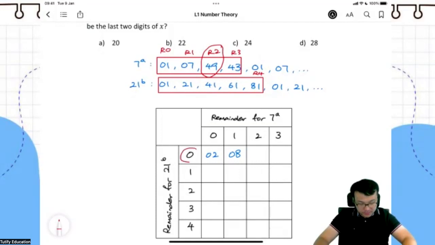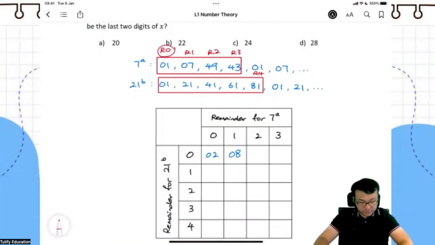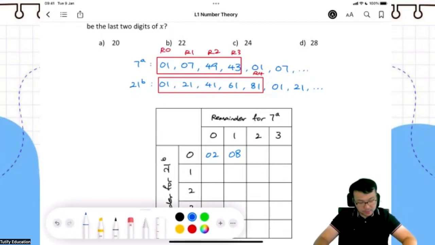When you have a remainder of 0 for the 21b, which number does it correspond to? 0.1. So you take 49 plus 0.1, what do you get? 49 plus 0.1 equals 50.